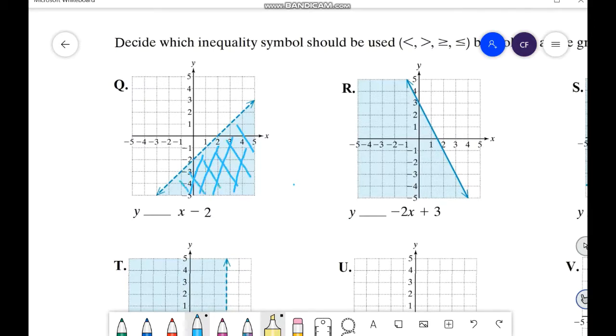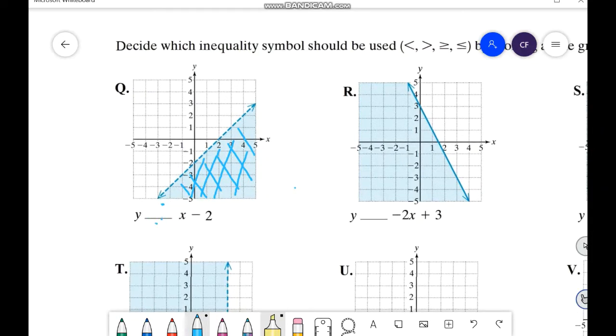If the shaded area is below the line, then it's going to be, in this case here, letter Q. If the shaded area is below the line, it's going to be less than. And you have a dashed line. That means you don't have the equal sign here, no equal sign. So this example is going to be just less than.